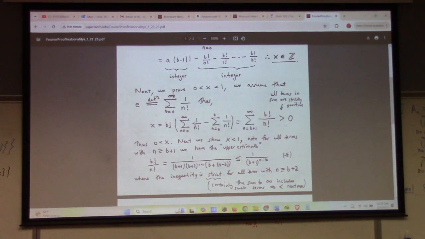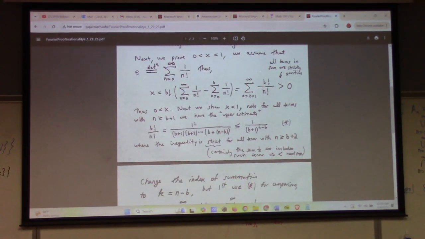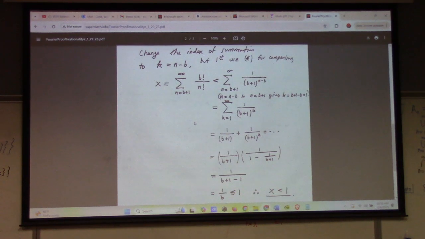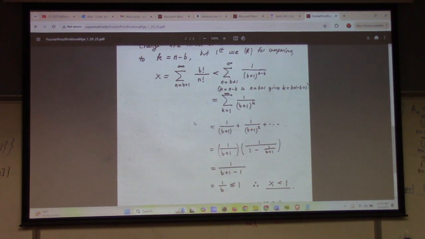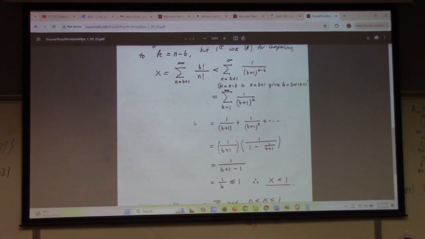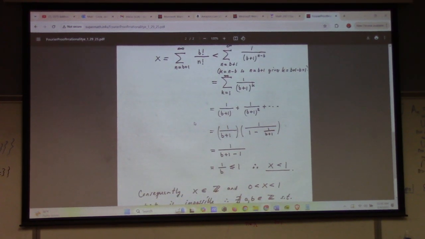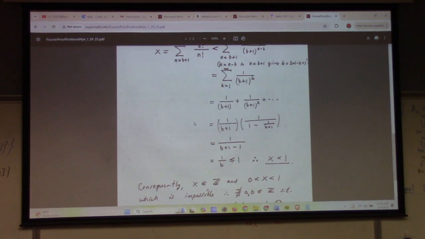So you put that together, you have X is an integer, which is positive, and between 0 and 1. So what does that mean about X? Is there any integer which is positive between 0 and 1? There's not, right? So that's a contradiction. And so from assuming that E is a rational number, we get this contradiction here.